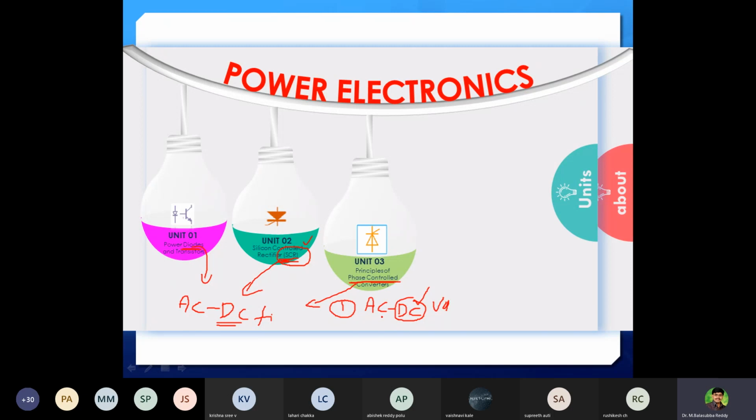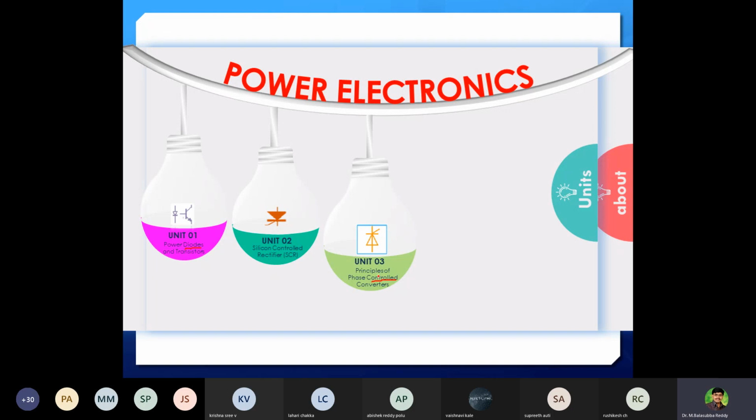That is the major difference between the diode rectifier and the thyristor rectifier or SCR. The function is the same, AC to DC only, but in a diode rectifier, if we give fixed AC, it gives fixed DC, whereas a phase controlled rectifier gives variable DC. By giving fixed AC, we get variable DC. That comes under the third unit.